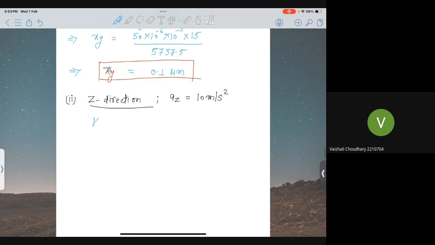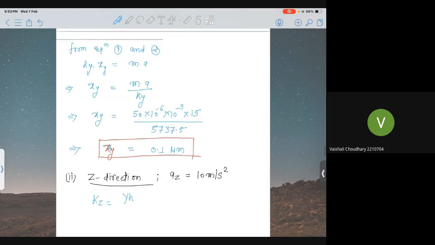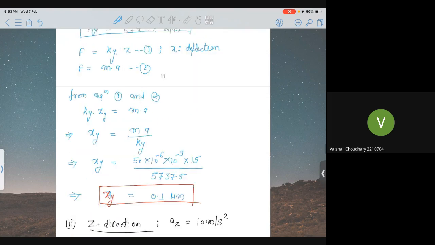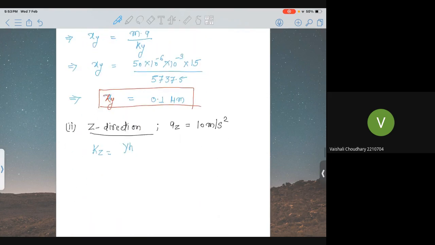So we can write kz, the spring constant in the direction of z, as Y h w cube by 4 l cube. We have denoted width with w, right? Yes.